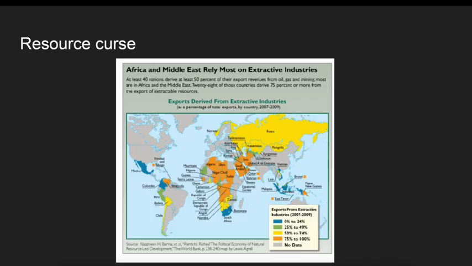But what a lot of research has shown is that if you discover natural resources when you're not a democracy, so when you don't have any checks and balances, your leaders tend to take any profits from those natural resources and just invest it back into themselves and their small cohort of insiders. And so you end up getting a very weak state.